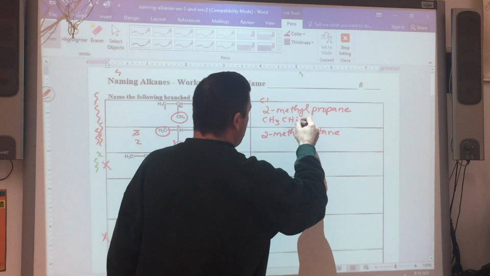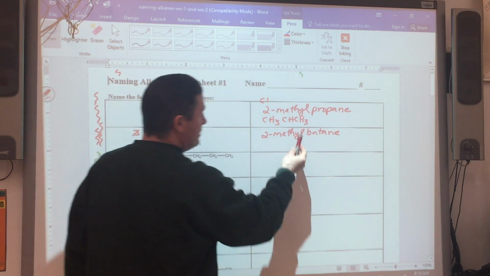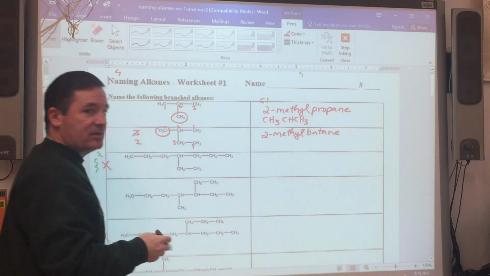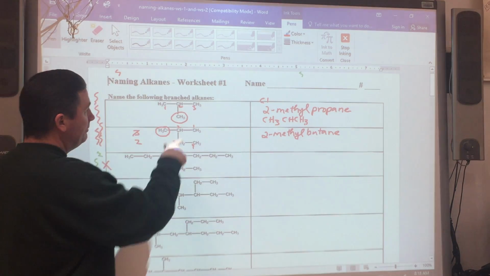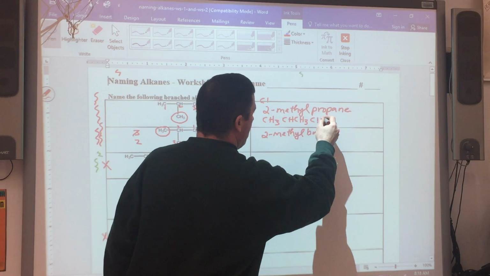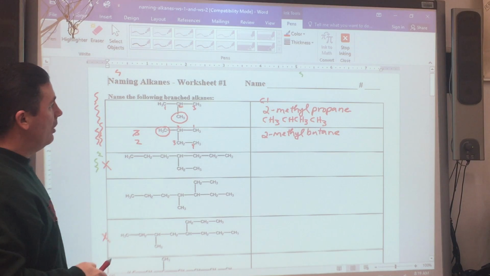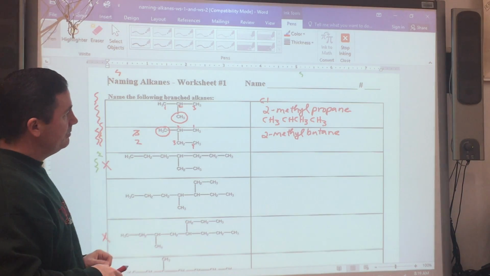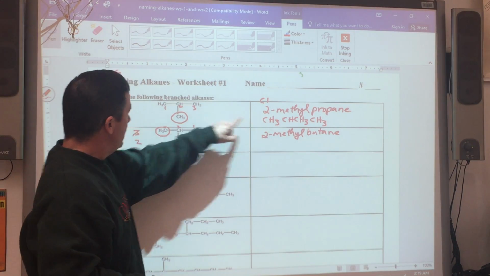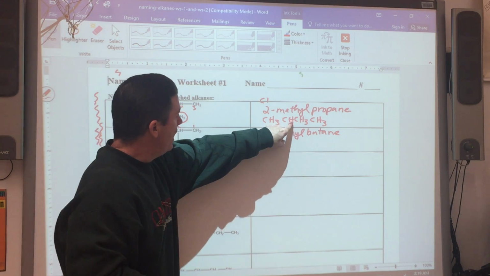So I've got CH3 here. Now sometimes you'll see that in parentheses. Don't let that freak you out. And then my third one. So this would be the condensed formula for 2-methylpropane. In order, CH3, there we go, CH.